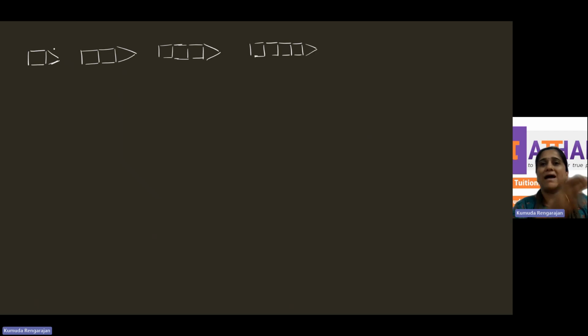I'm showing you a pattern. The first term has one square and one triangle. The second term has two squares and one triangle. The third term has three squares and one triangle. The fourth term has four squares and one triangle. Now the question is, what is the general rule for this pattern? Find out.